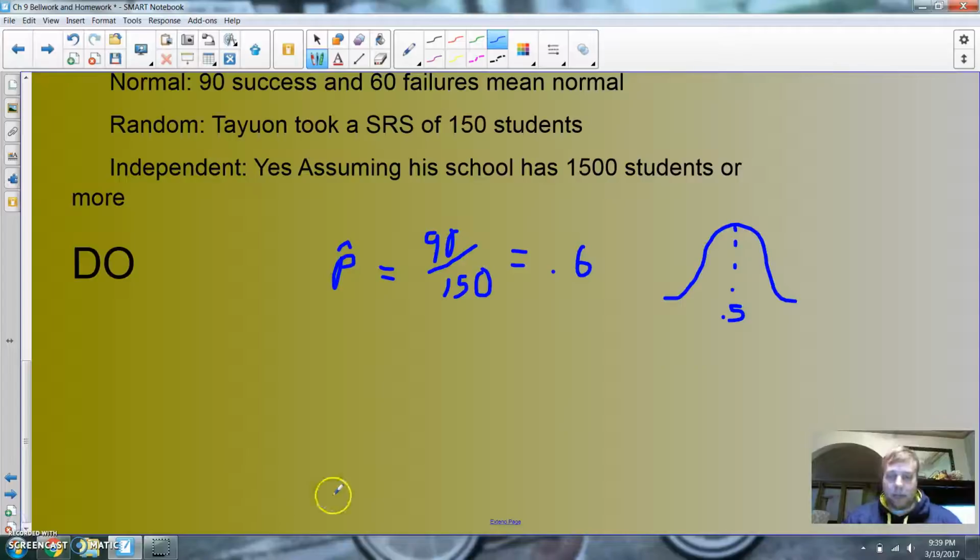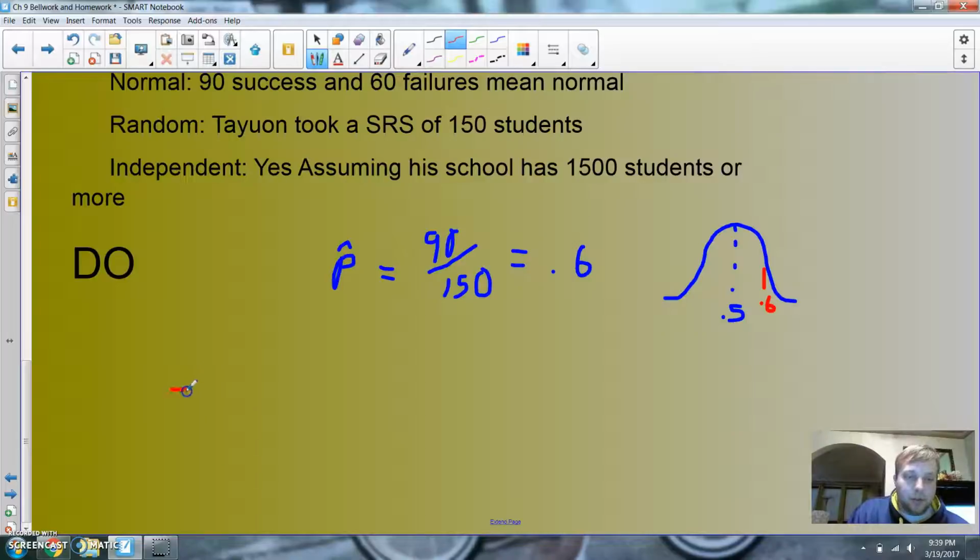My sample that I got from my school was 0.6. Now, if we're assuming the hypothesis is correct, I should be working with a normal curve centered at 50%. I got a value of 0.6, which is up here, so I'm above the average.